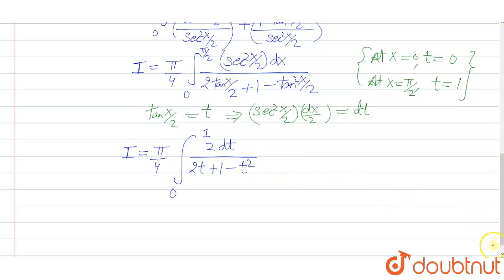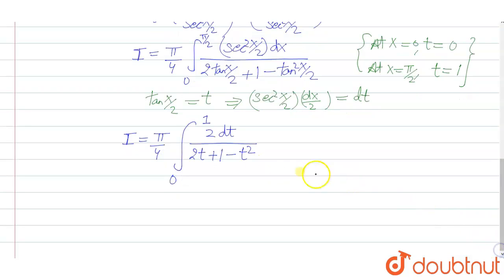Now here taking minus common, this becomes minus pi by 4 integration from 0 to 1. There's 2 also here, so this becomes in denominator pi by 2, and this becomes dt divided by, taking minus common, t square minus 2t minus 1.